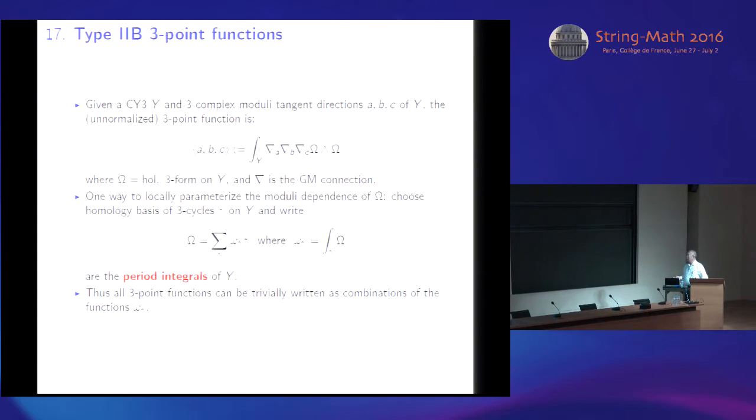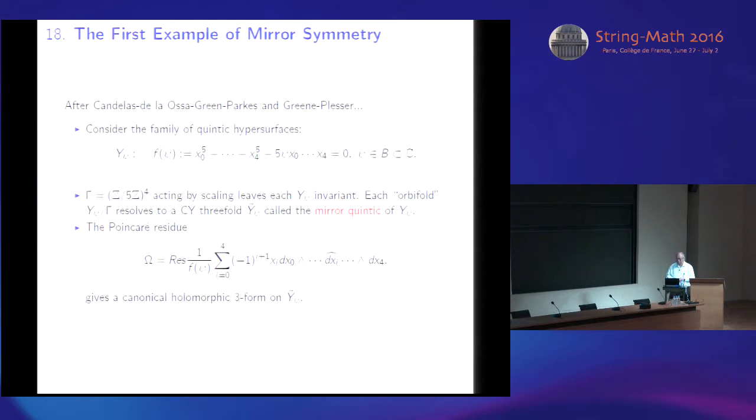We can, of course, write this in terms of period integrals, just similar to the elliptic curve case. We write omega to be the summation of omega gamma times gamma, where omega gamma is the coefficient, just the integral of omega over the 3-cycle gamma. And then we can compute the 3-point function as a combination of functions of the period integrals. So that's how the 3-point functions can be computed from the period integrals.